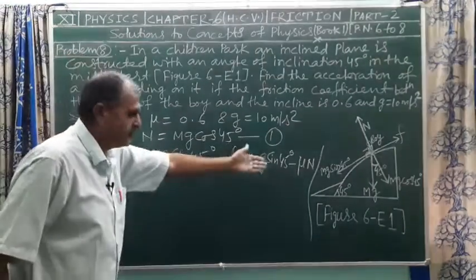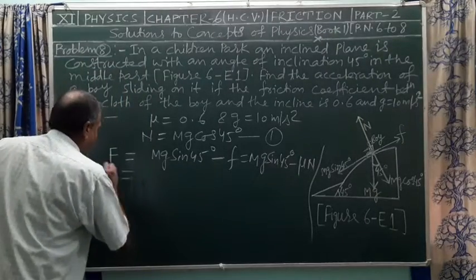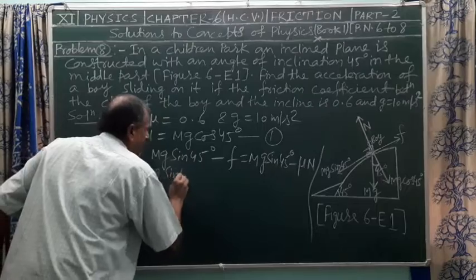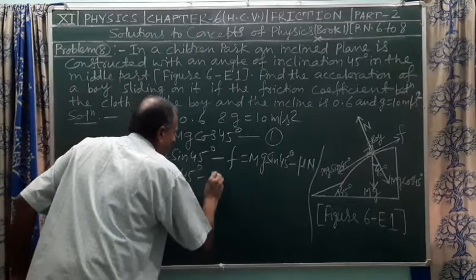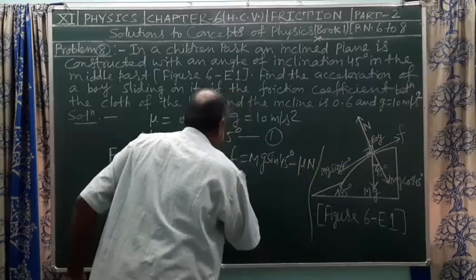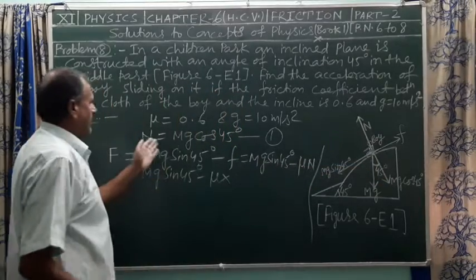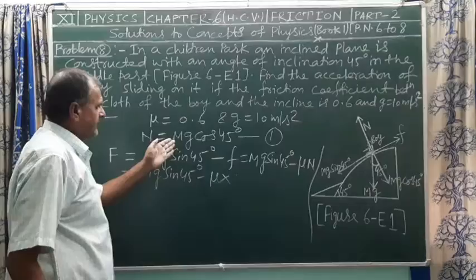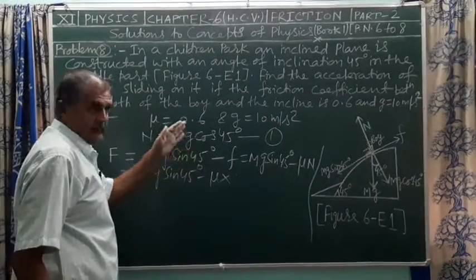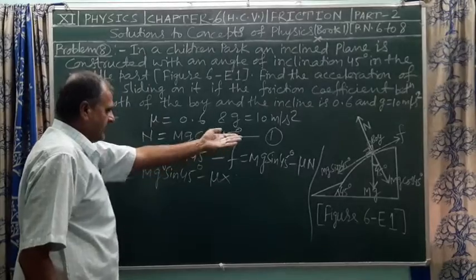So we can write f equals to mu into N, or resultant downward force acting on the boy is mg sin 45 degree minus mu N, and N is equal to mg cos 45 degree. N is the normal reaction of the inclined plane, which balances the vertical component of the boy's weight mg cos 45 degree. That is equation number 1.